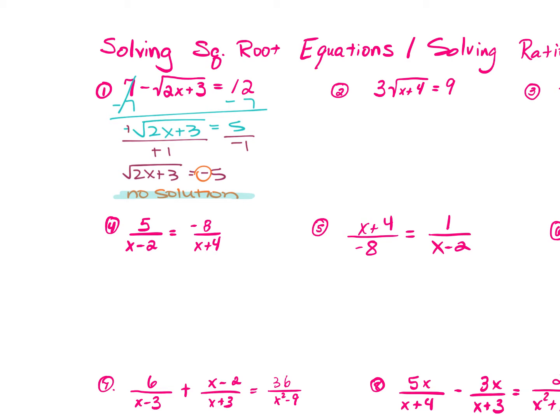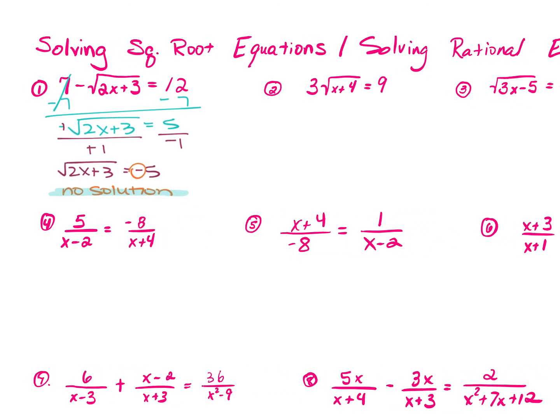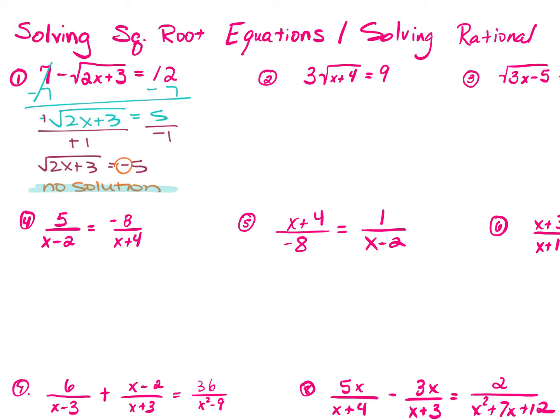Yep. For number 2, you have 3 times the square root of x plus 4 is equal to 9. I cannot tell you how many of you on your quiz decided to subtract the 3 from each side with this one. You have to divide it. It's 3 times the square root. If it's 3 multiplied by the square root, the only opposite of multiplication is division that you can move that 3 over with. So divide each side by that 3 to start with.